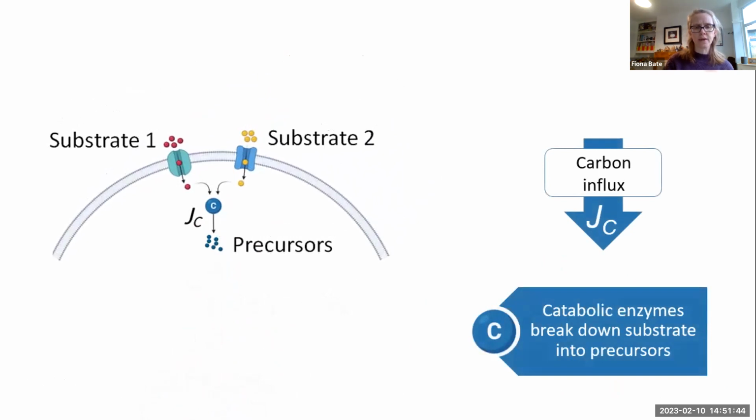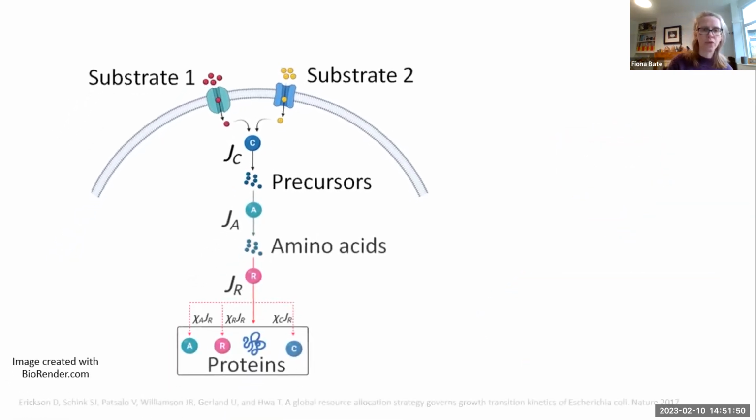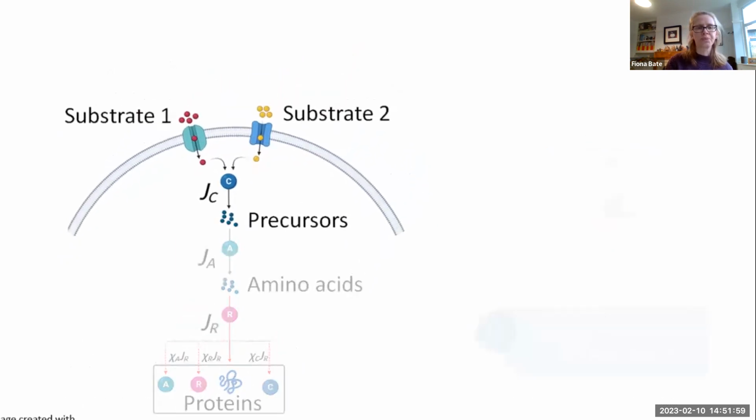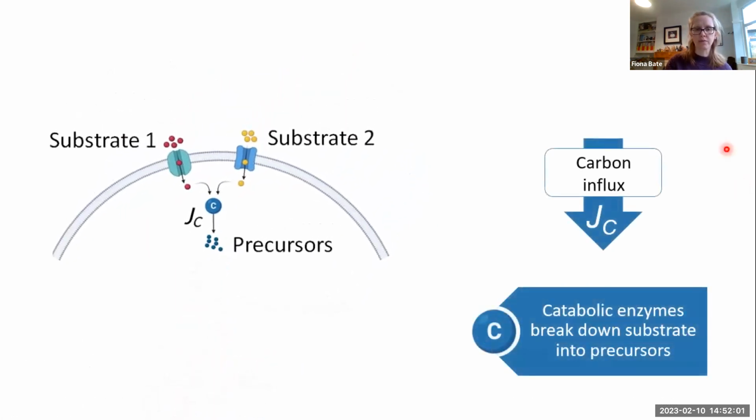There's a flux flowing through the whole process from the substrate coming in to the proteins being built. There are fluxes happening through here, which we split into 3. First of all, the carbon influx, where the substrate comes in and gets broken down, and you get a pool of carbon precursors formed.